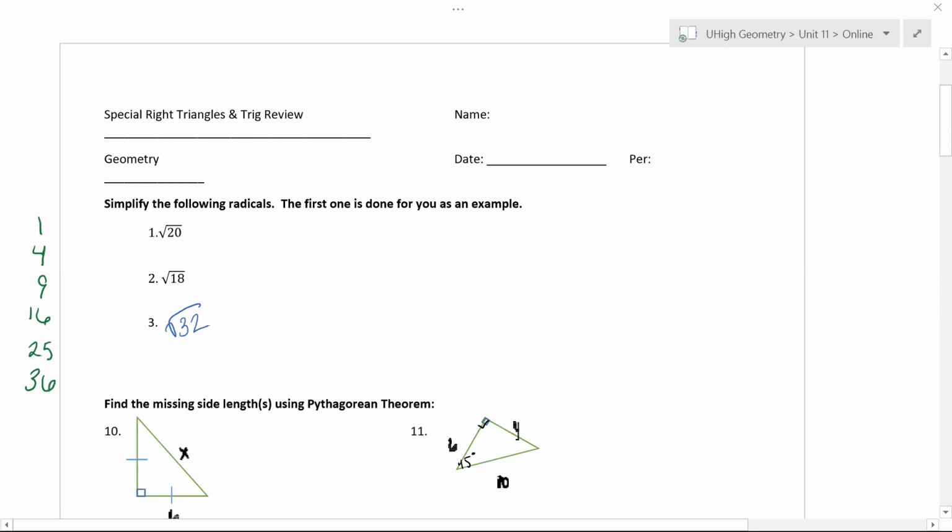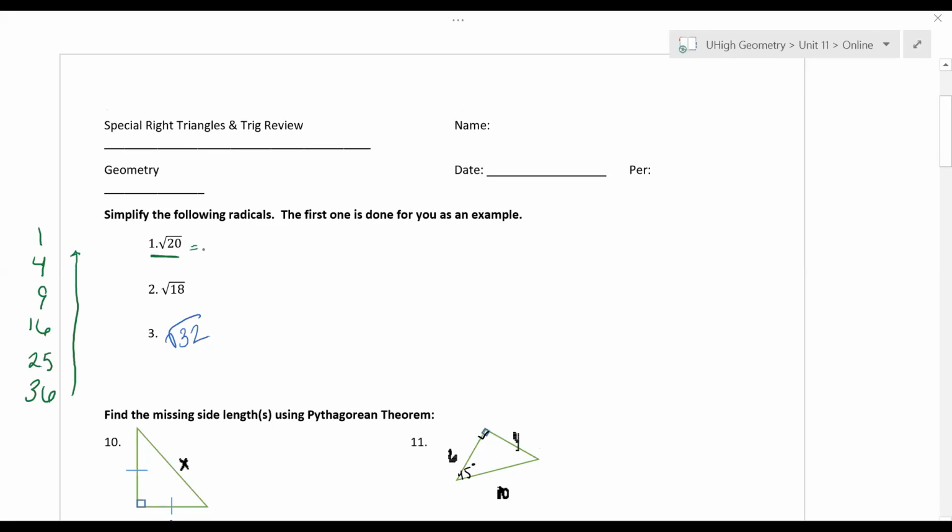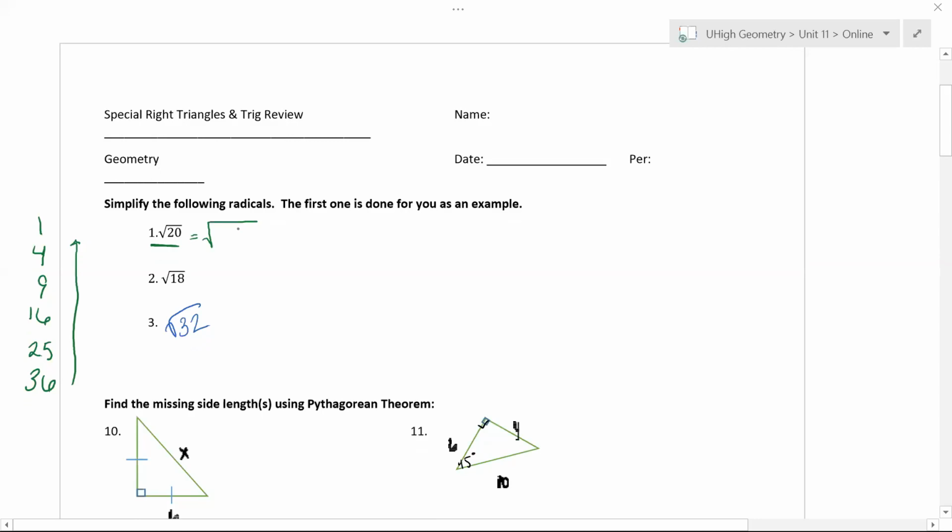If I'm taking a look at simplifying the square root of 20 here, I want to see which one of these perfect squares is a factor of 20. When I go down this list, the first one that's a factor of 20 is going to be 4. So I want to break 20 up into 4 times 5.